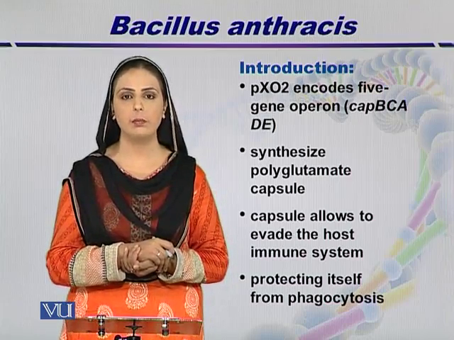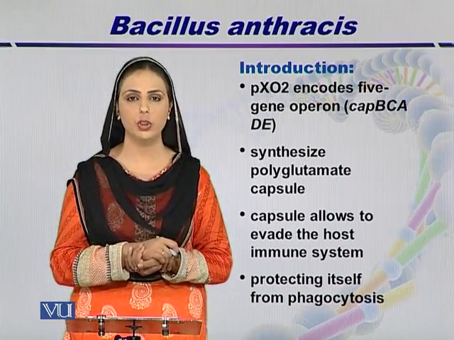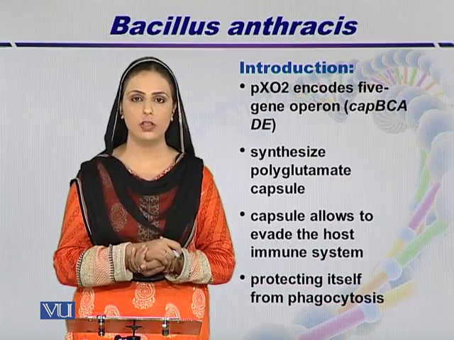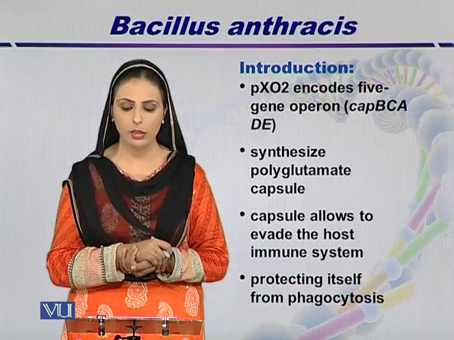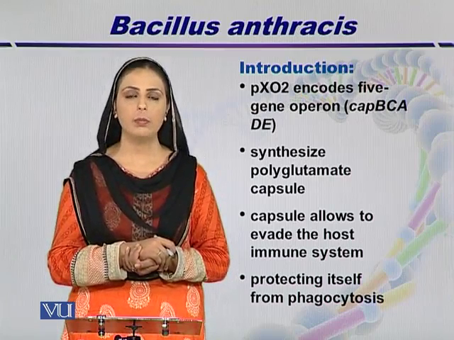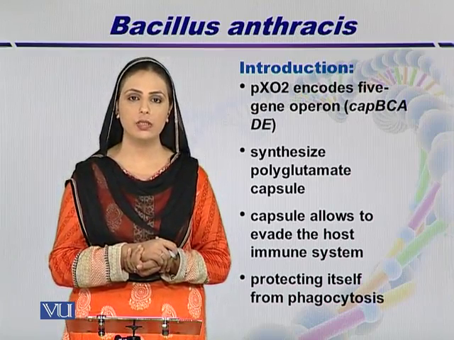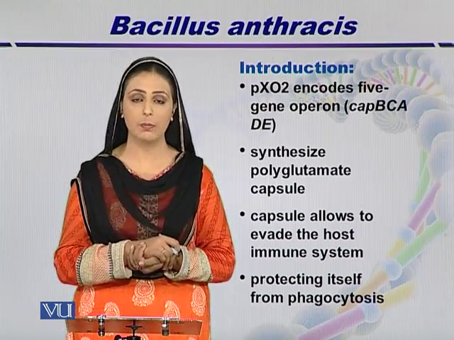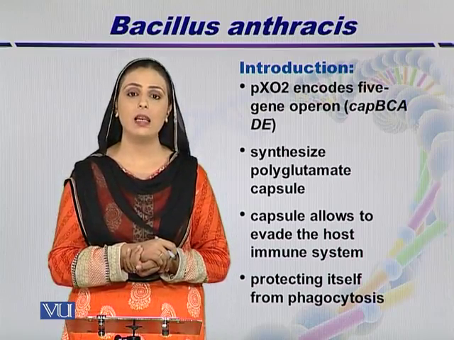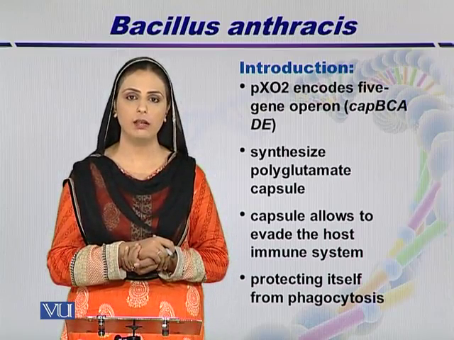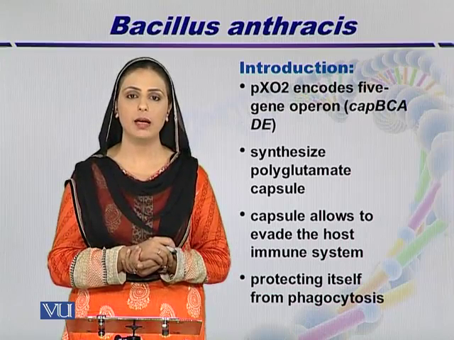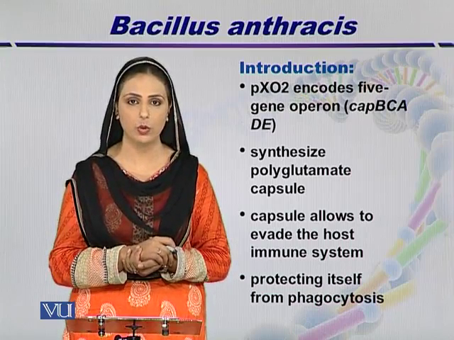Now pXO2 is the second plasmid found in the genome of Bacillus anthracis. It has an operon that stands for capBCADE. The purpose of this plasmid is to synthesize the polyglutamate capsule, and the importance of this capsule is that it allows the bacteria to evade the host immune system and protects them against the process of phagocytosis.